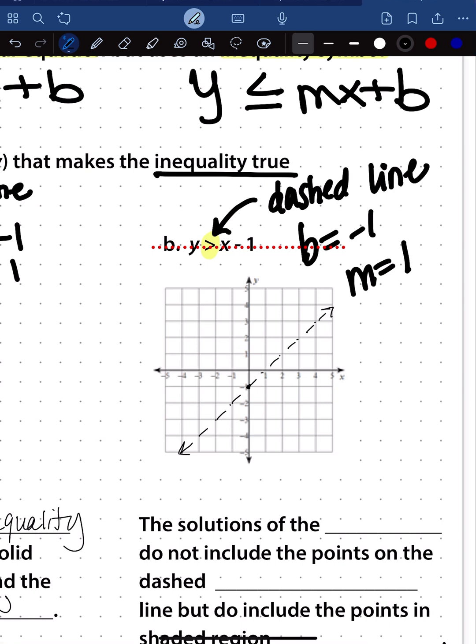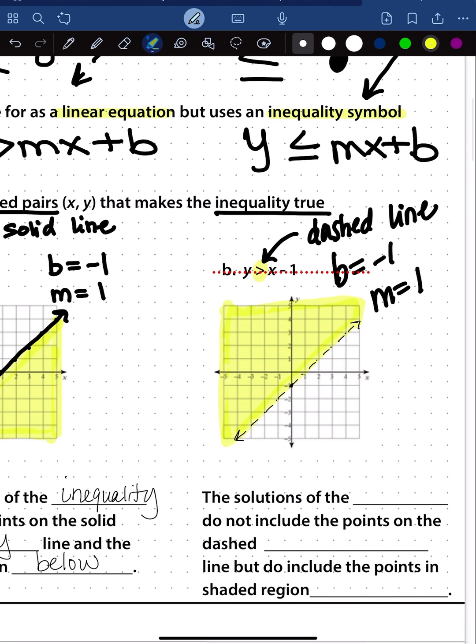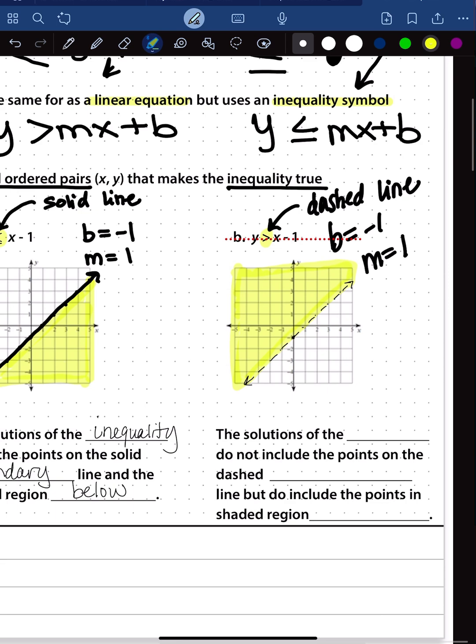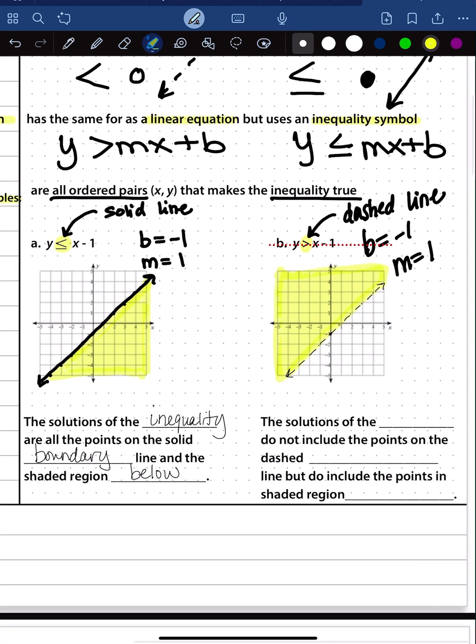If we look at the symbol greater than, it means that it's going to be all of this region up here above the dashed line. So y is greater than x minus 1. It does not include the points on the dashed line because it's dashed, but any point in the shaded area would be a solution that would make the inequality true.